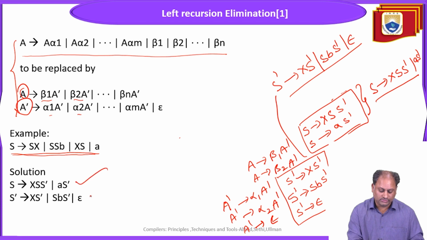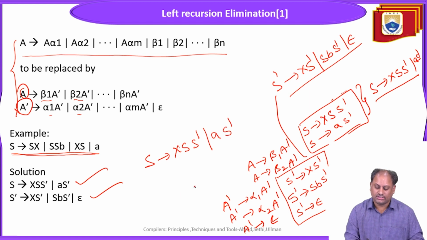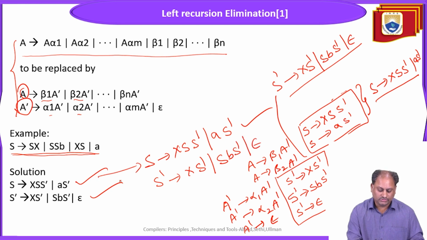So these are the S derives XS dash, and S dash derives XS dash, SBS dash, epsilon. So these two we are getting.